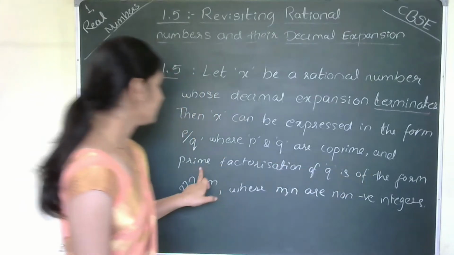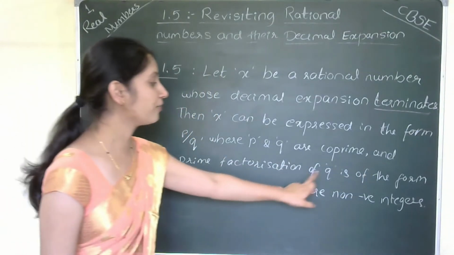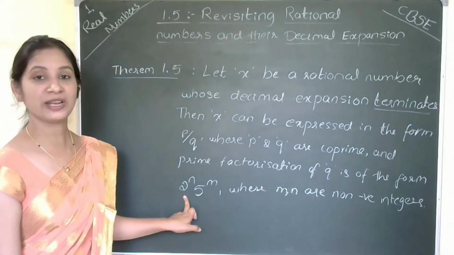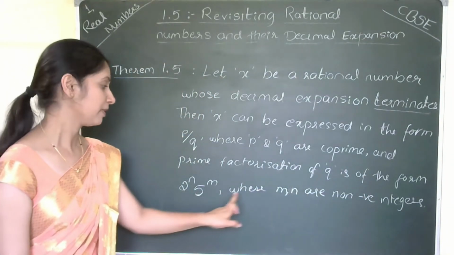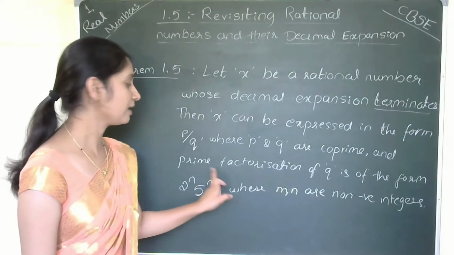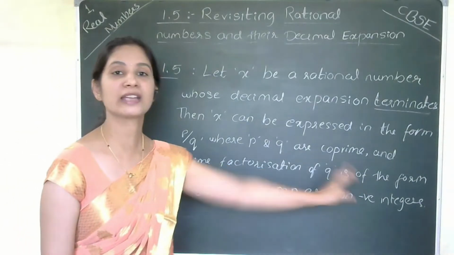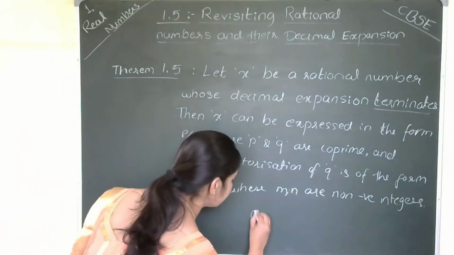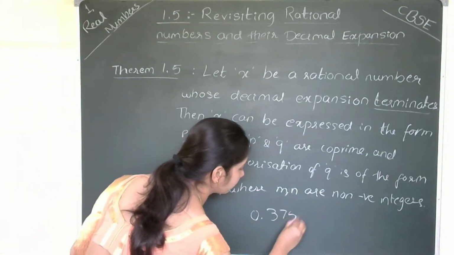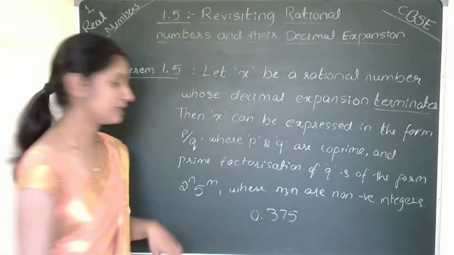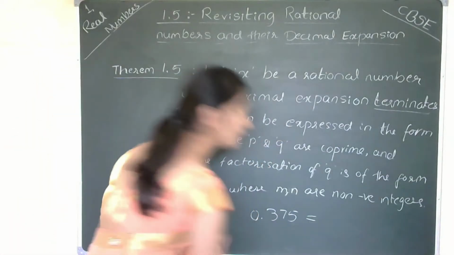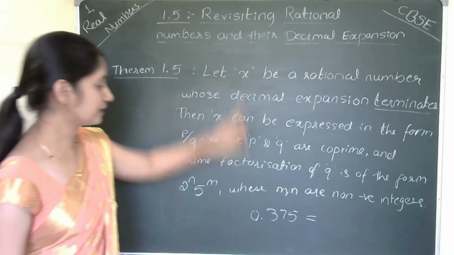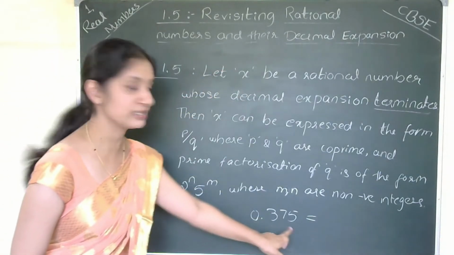Co-prime, and the prime factorization of q, the denominator, is of the form 2 raised to n, 5 raised to m, where m and n are non-negative integers. Yes, we considered the example 0.375 and we expressed this number in the form of p by q. Here x is 0.375.